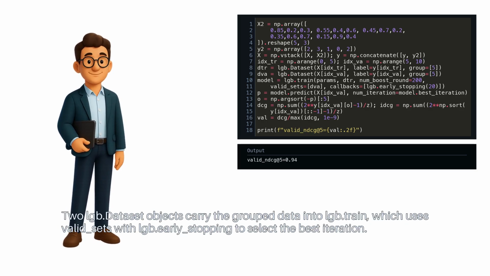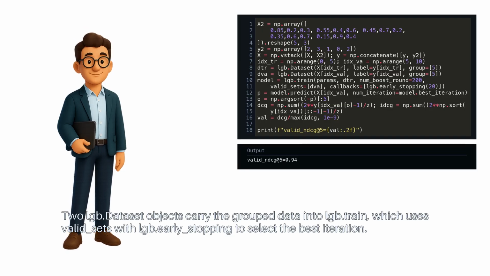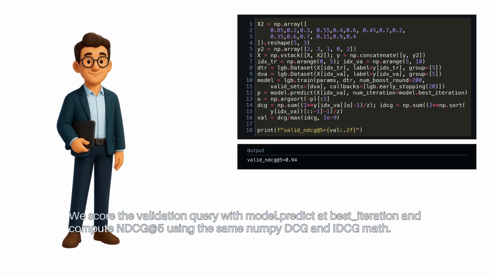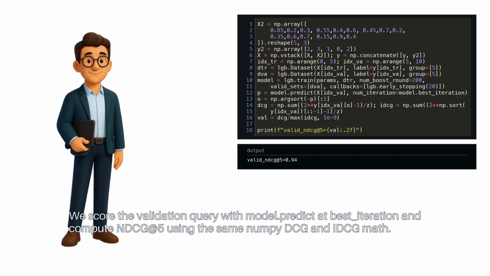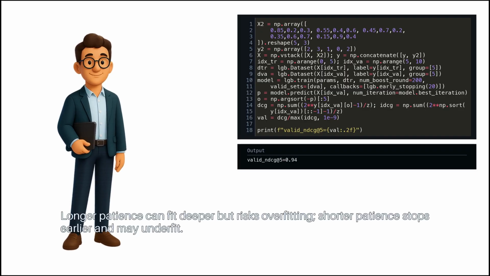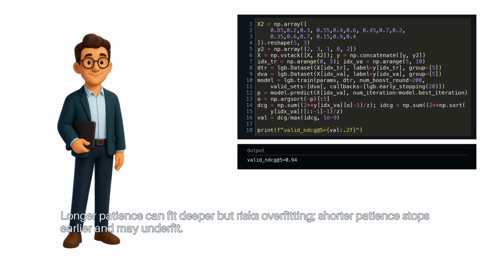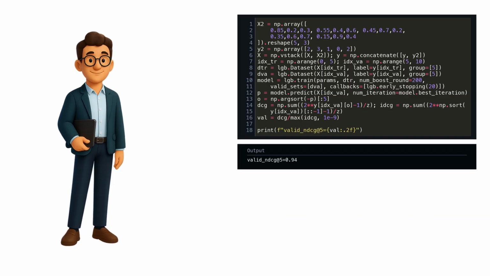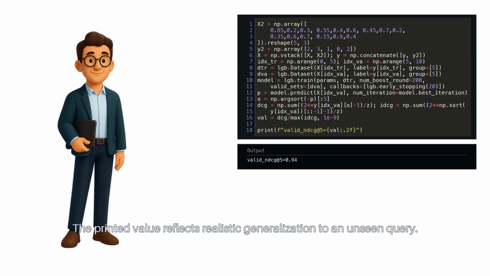Two lgb.Dataset objects carry the grouped data into lgb.train, which uses valid sets with lgb early stopping to select the best iteration. We score the validation query with model.predict at best iteration and compute NDCG at 5, using the same NumPy DCG and IDCG math. Longer patience can fit deeper, but risks overfitting. Shorter patience stops earlier and may underfit. The printed value reflects realistic generalization to an unseen query.